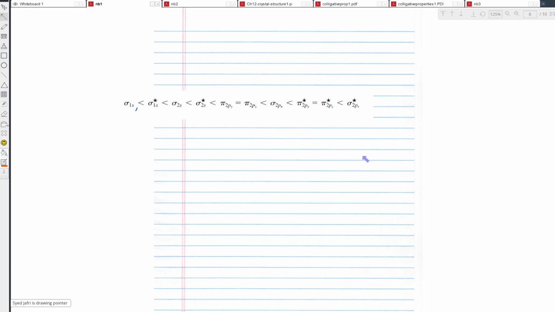You can put 2py and 2pz together like 2, 2, or you can put in parentheses 2py equal to pi 2pz and put total 4 also. It is better to put it in parentheses. It's clear?